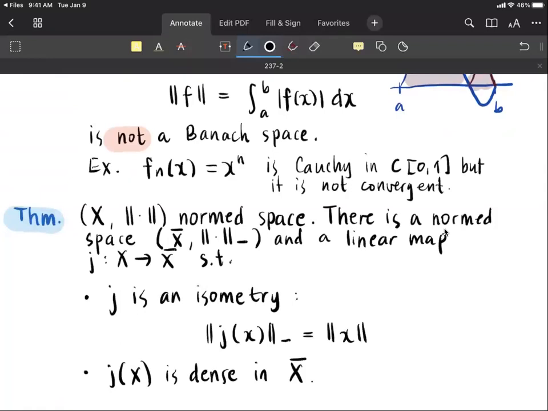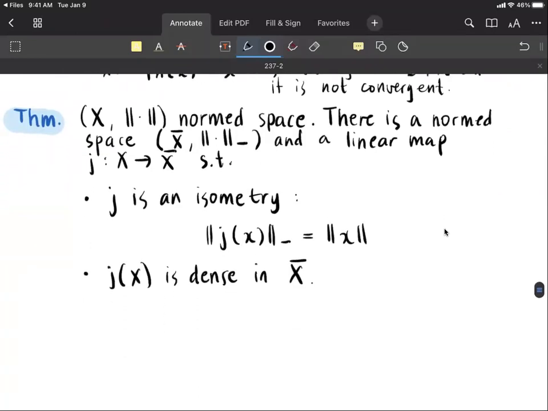Okay, the same. How do I show this? The same business as with the metric spaces. What if I have a norm space that is not complete? Can I embed that into a complete norm space?